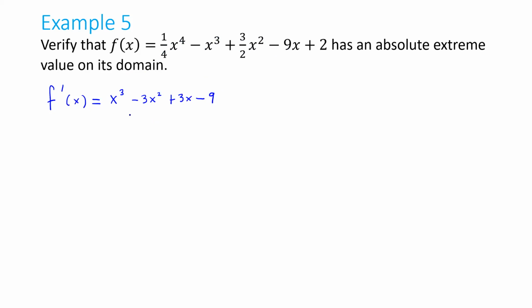Okay, this one kind of looks like another one that we can do grouping with, right? If I take out an x squared from those two terms there, x minus 3. If I take a 3 out from those two terms there, I get another x minus 3. So factoring this, we get x minus 3 comes out, and then x squared plus 3 is what's left over.